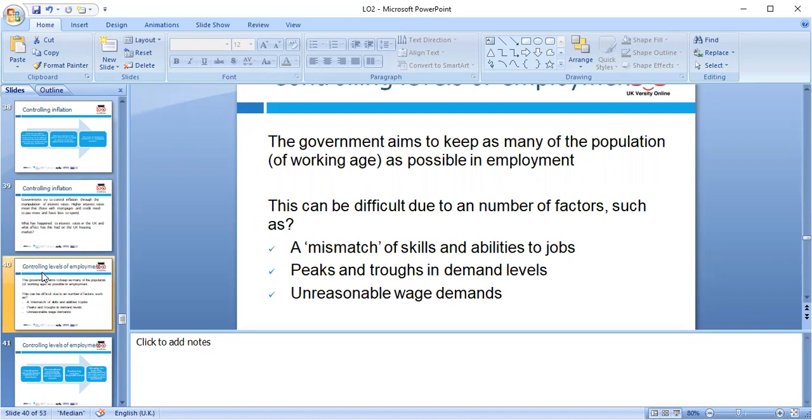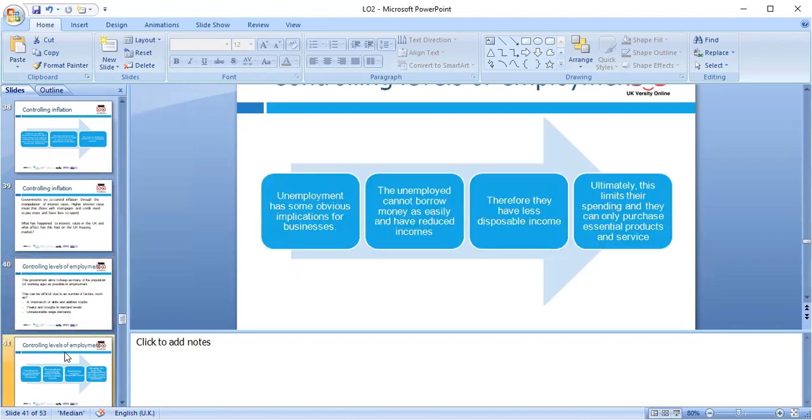The government aims to keep as many of the working-age population in employment as possible, and this can be difficult due to a number of factors: mismatch of skills and ability, peaks and troughs in demand levels, and unreasonable wage demands. That's impacting a lot, and unemployment has some obvious implications for businesses. The unemployed cannot borrow money easily and have reduced income, therefore they have less disposable income.